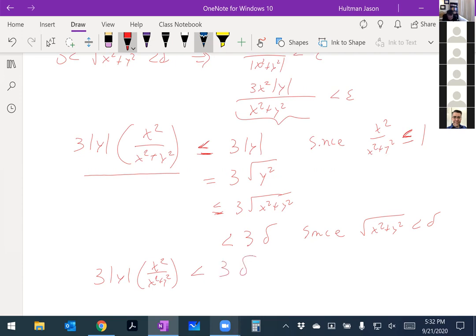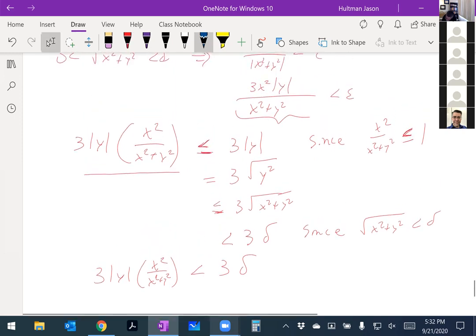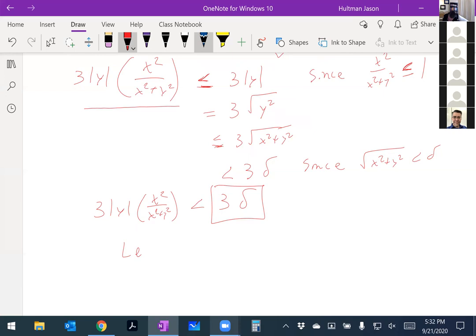So what do we know? We know that epsilon is equal to 3 delta. There you go. So let epsilon equal 3 times delta, and we can now prove this.